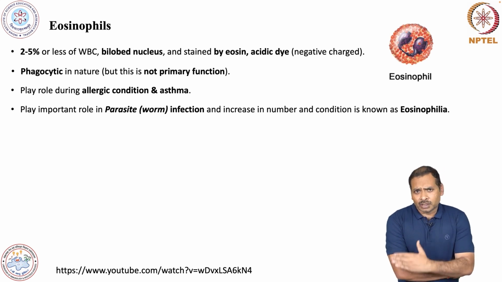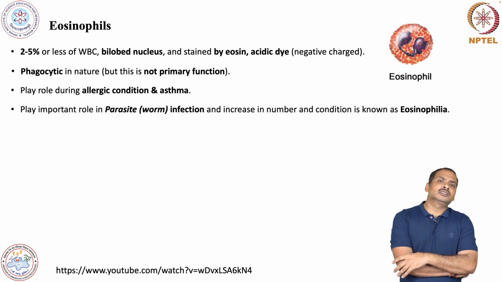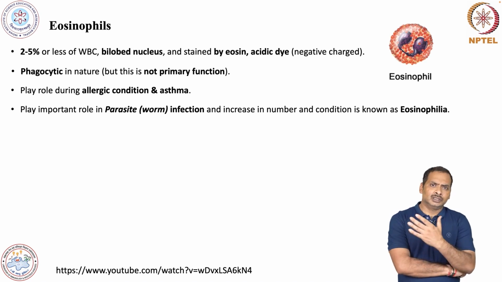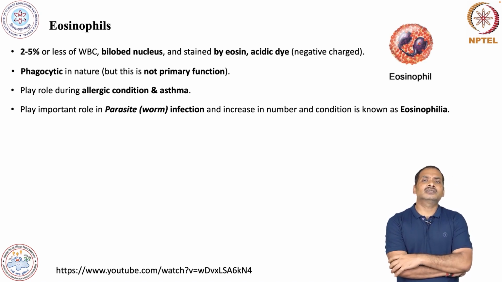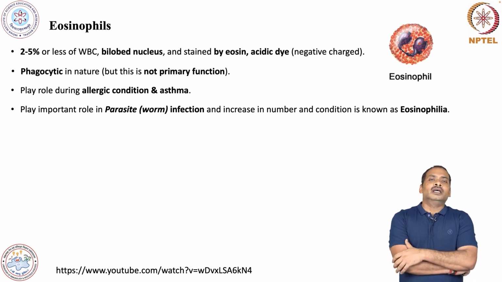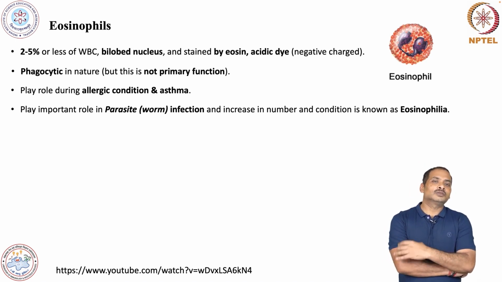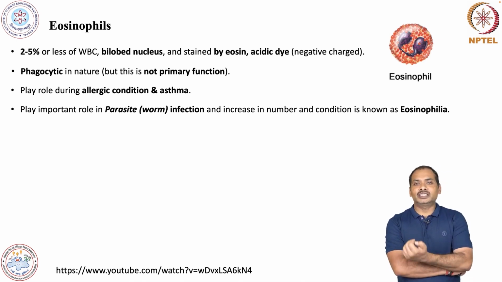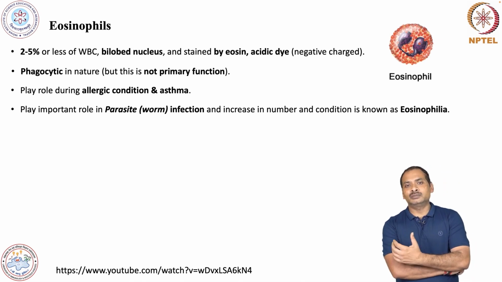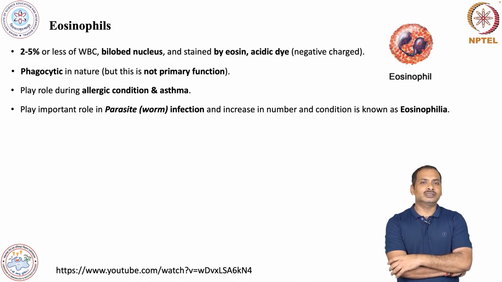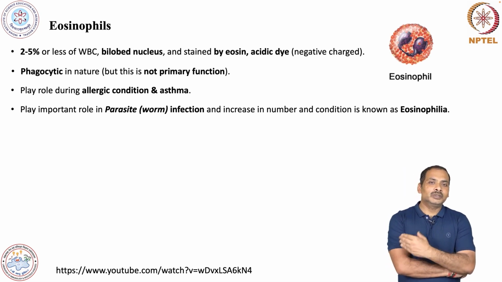The most important role of the eosinophil is that it protects against parasite infection, big parasite infection. How do they do this? For small microbes, you can understand they can be phagocytosed and cleared, but how are big parasites dealt with by our immune system?